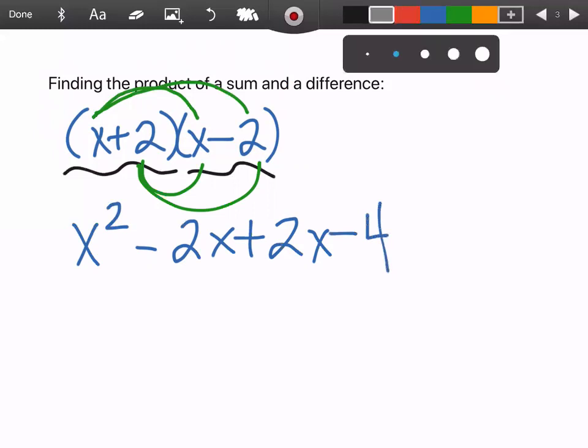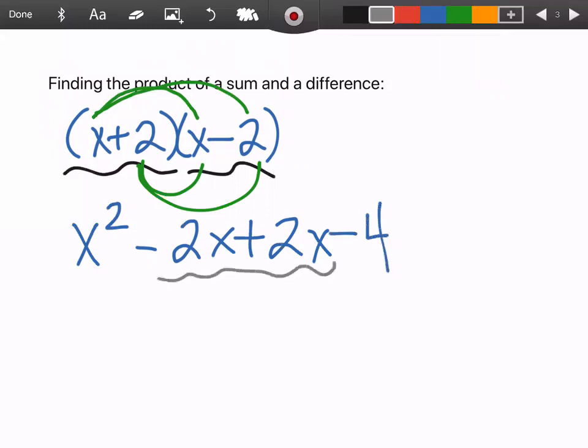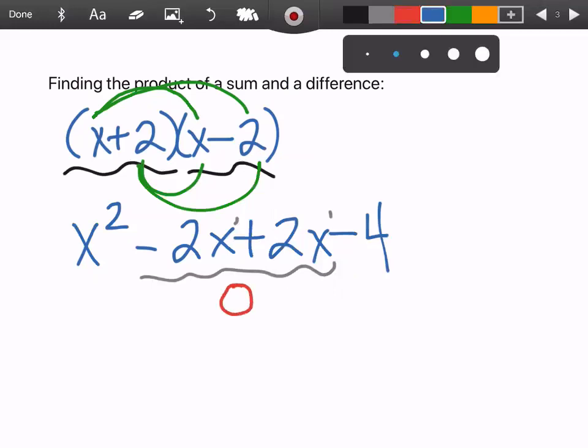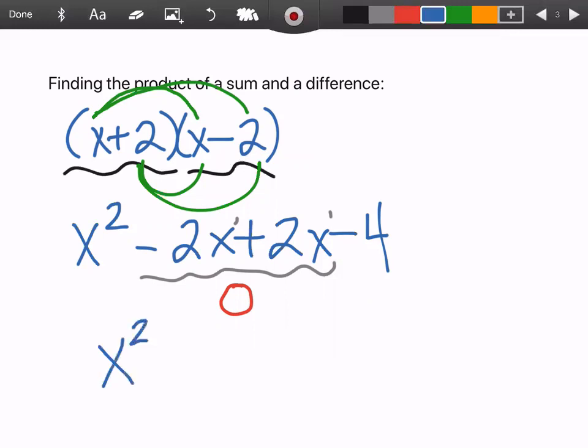If we look at our like terms in the middle here, because again, they both have an exponent of 1 and they both have the same base, we can combine these two. And when you combine a negative 2x with a positive 2x, we're going to get 0 in the middle there. So our final answer, because we don't have to write the 0, we can write it as x squared minus 4.